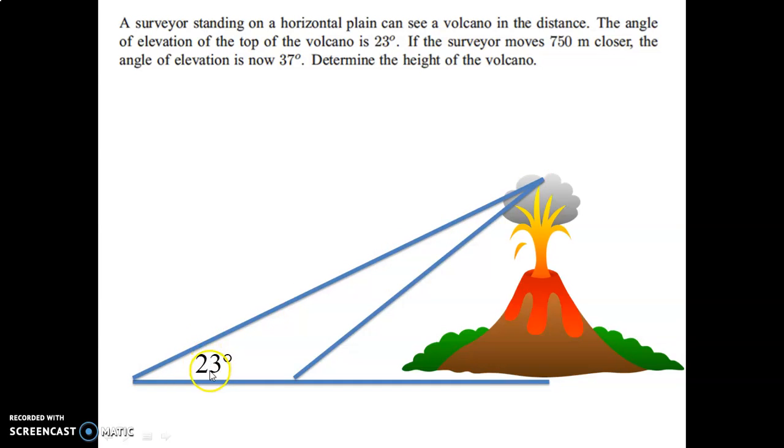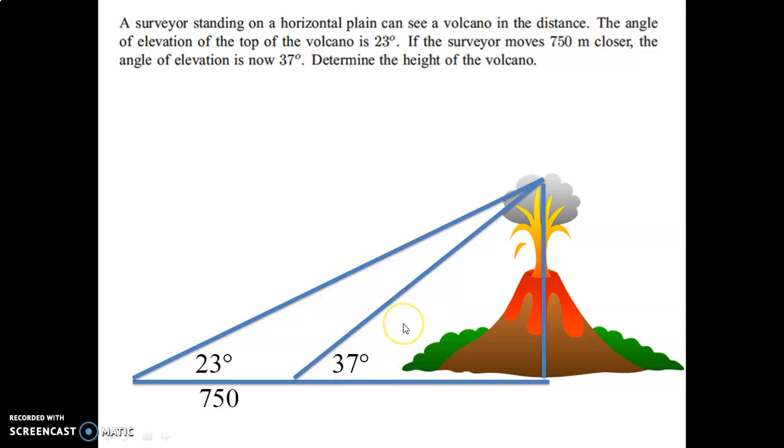Then it says if the surveyor moves 750 feet closer, the angle of elevation is now 37. Obviously when you get closer to something, your angle gets bigger because you're tilting your head more. So there's that 37. That's everything we know.